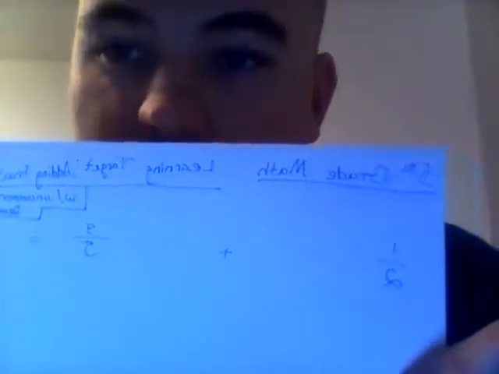So now, since we've reviewed how to add fractions with common denominators, what do you think we do when we add fractions with uncommon denominators or different denominators? We have 1/2 plus 3/5.